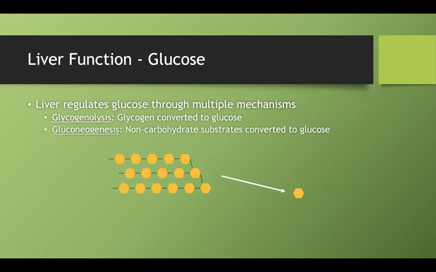Another way that we can get glucose through our liver is through the process of gluconeogenesis, which, as the name suggests, is basically new sugar genesis. This is where non-carbohydrates like amino acids, lactate, and glycerol from fatty acids can actually be converted into glucose as well.